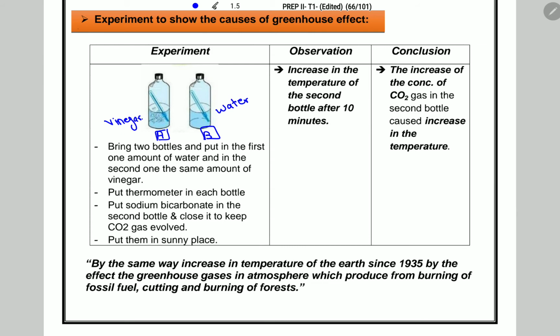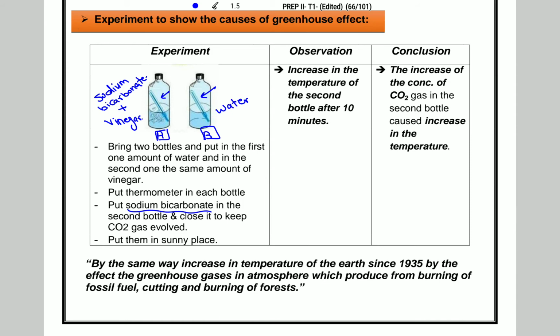Then we put a thermometer in each bottle, and we add some sodium bicarbonate to the bottle with vinegar. And I think you know from primary 4 that if we add sodium bicarbonate to vinegar, it produces carbon dioxide gas. Then put the two bottles in the sun, in a sunny area, for 10 minutes.